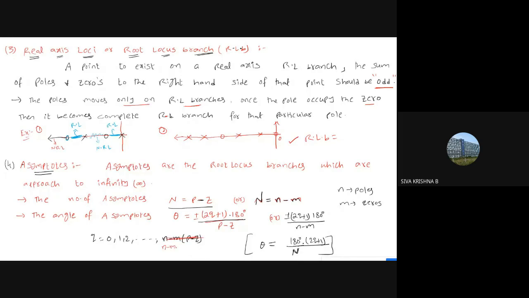P minus z you can call n also, because n equals p minus z, or that is also what you are writing as n minus m. Minus 1 is there. Please make a note there.